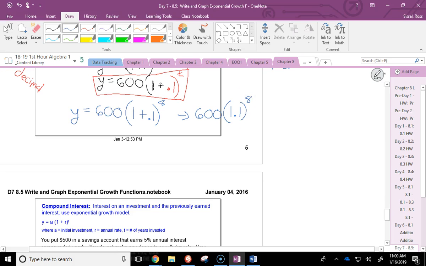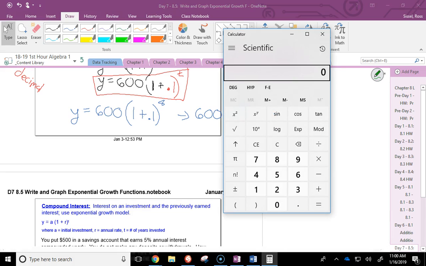And if I was to bring up my calculator, 1.1 to the 8th power is 2.1435 and so on. And I'm going to times that by 600.